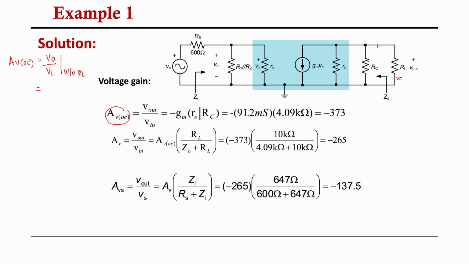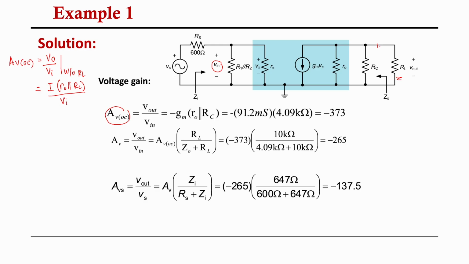To find V out, it is going to be equal to the current I times R naught in parallel with RC. Then we will get V out. And what is our V in? Where is our V in? This is our V in.